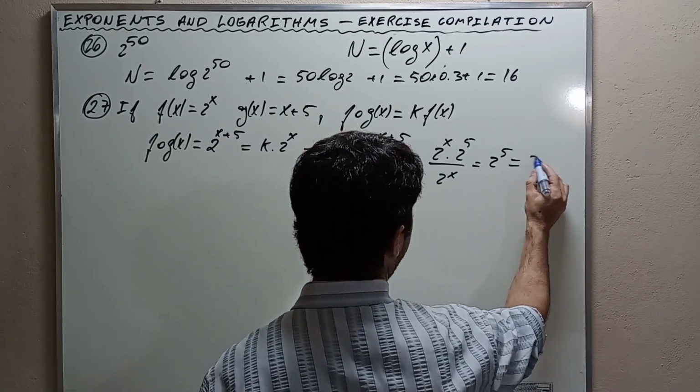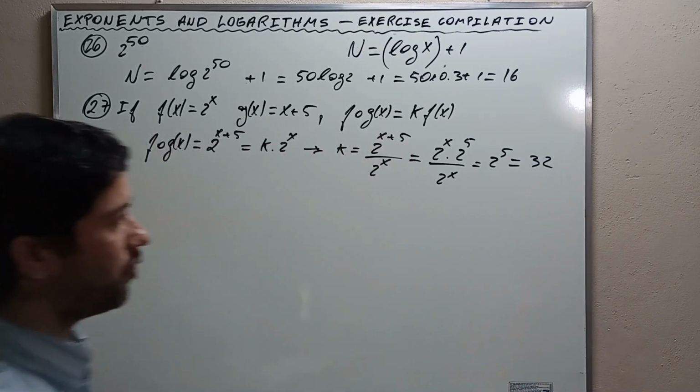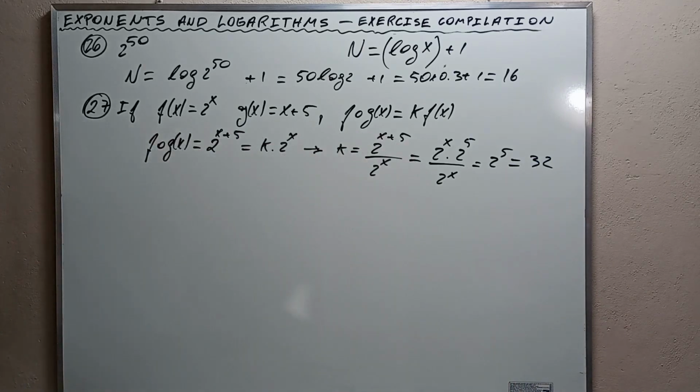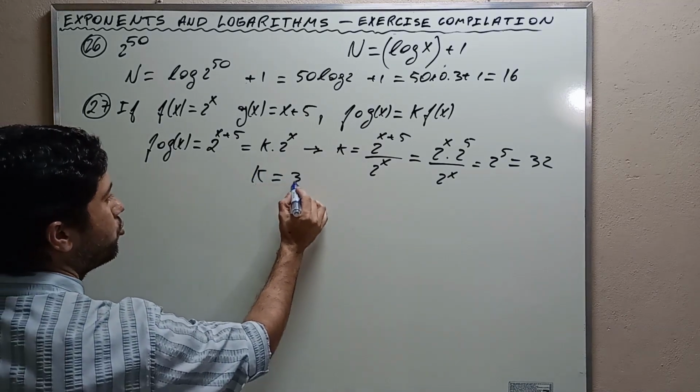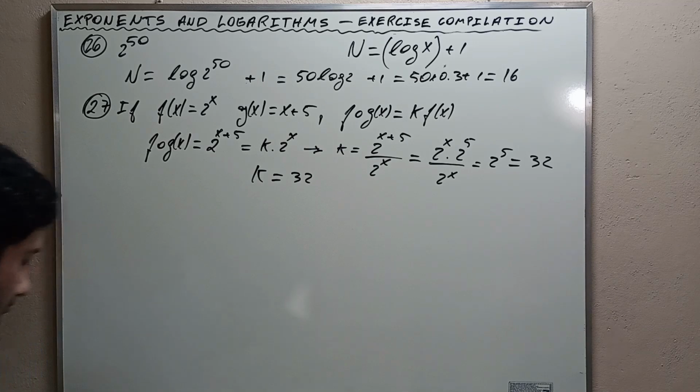And 2 to the 5th is equal to 32. Okay, my friends? And ultimately we find that the value of k is equal to 32, my friends. And this is all for exercise 27 and all for this video covering the subjects of exponentiation and logarithms.